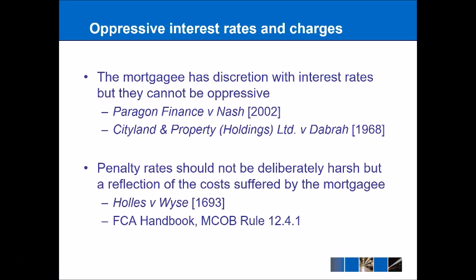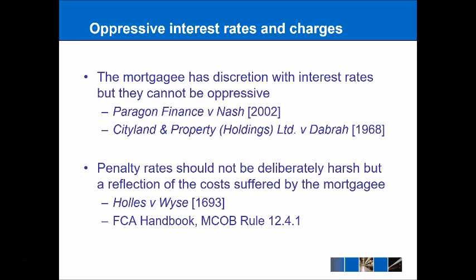So beyond collateral advantages, the final category of a clog or a fetter was oppressive interest rates and charges. And the UK is somewhat unusual in that the mortgagee or the bank often has discretion with interest rates, but this does not mean that they can be oppressive.